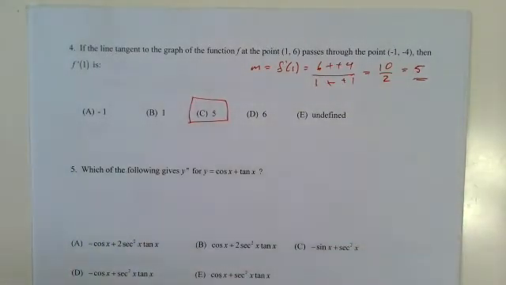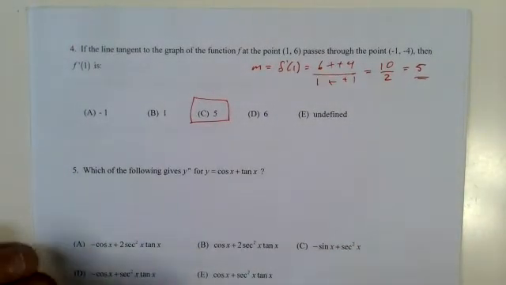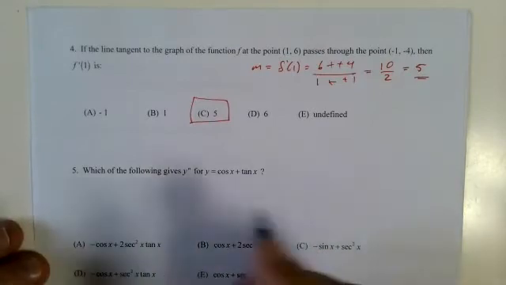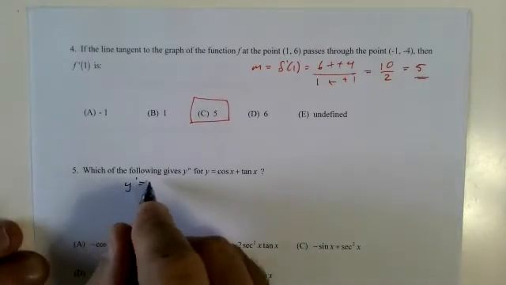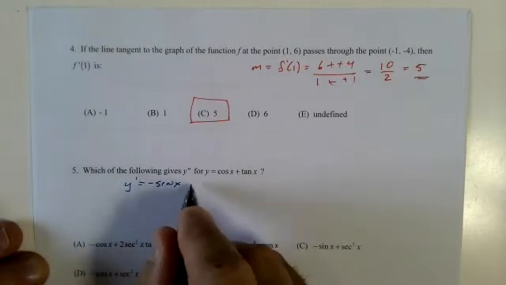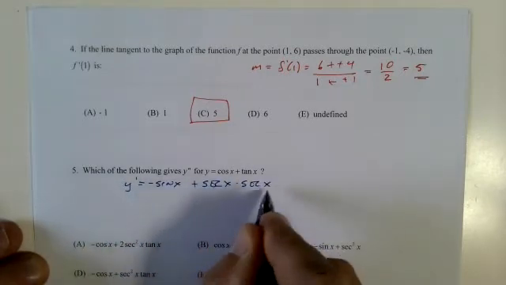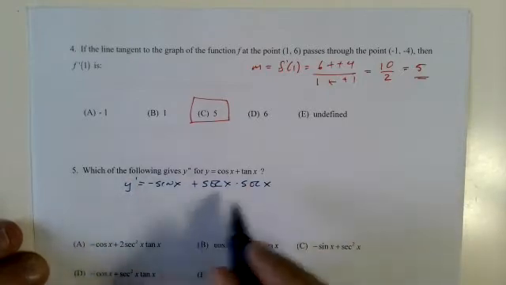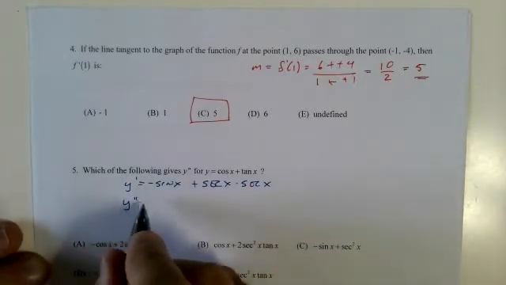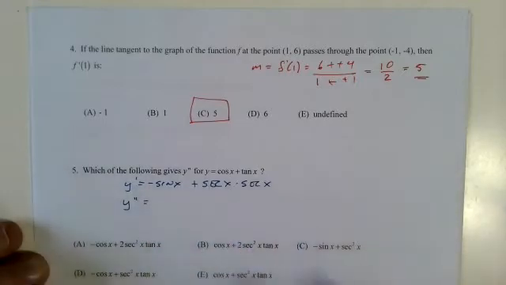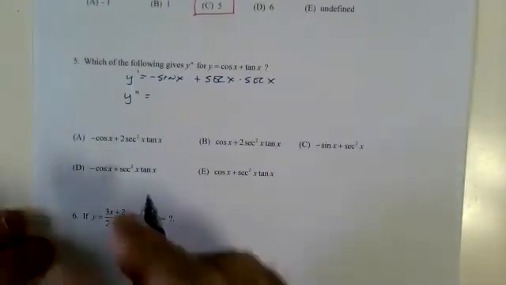Which of the following gives the second derivative? Okay, y prime equals negative sine of x plus secant squared x. It's easier if I write it this way. This is a very good AP problem. Just get you thinking a little bit.